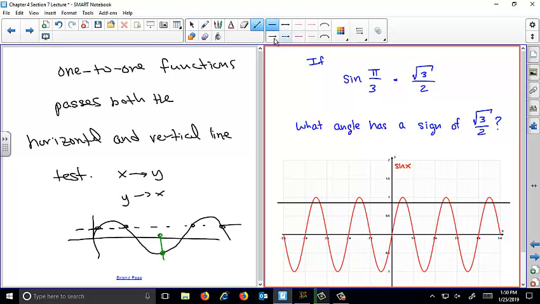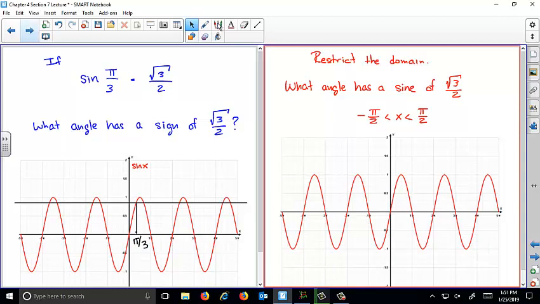What you would do is come over here and ask, for this value of y, what's the value of x? You come down to the x-axis and you'd find pi over 3. That goes along with this solution. But there's also one here, 2 pi over 3, and then this would be 7 pi over 3, I think. This would be 8 pi over 3. So there are an infinite number of answers to that question.